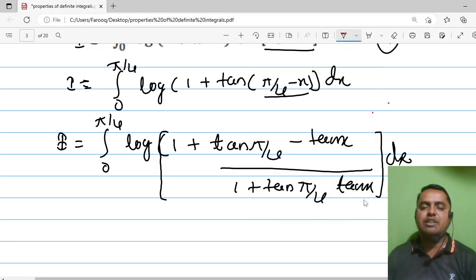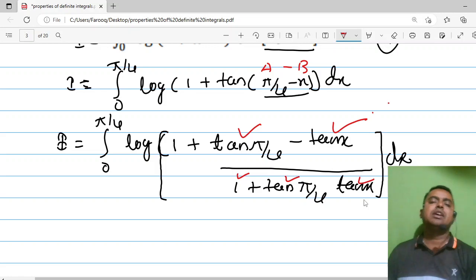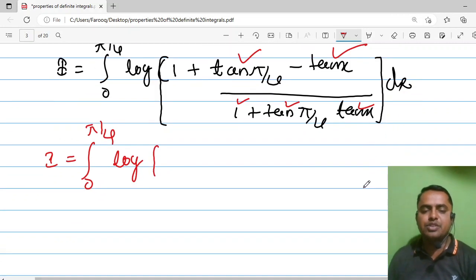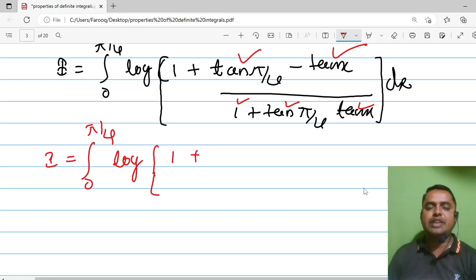Here A means 5 by 4, B means x. Tan A minus B is tan A minus tan B divided by 1 plus tan A into tan B, applying the identity of trigonometry. Next, I is equal to integration of 0 to 5 by 4 log, 1 as it is, plus tan 5 by 4.